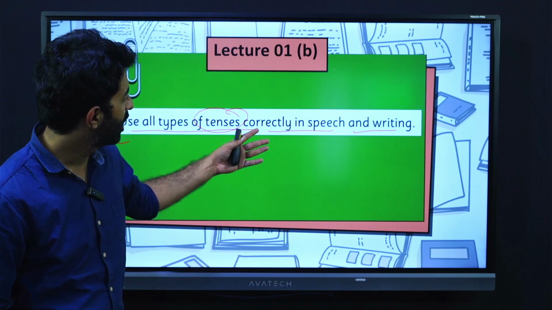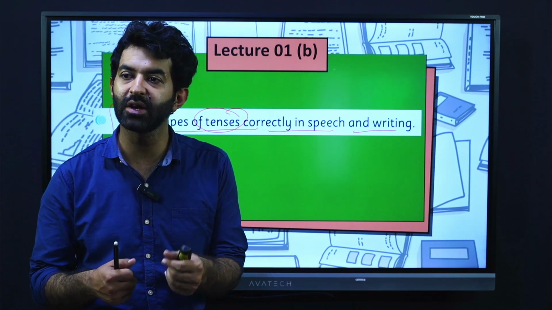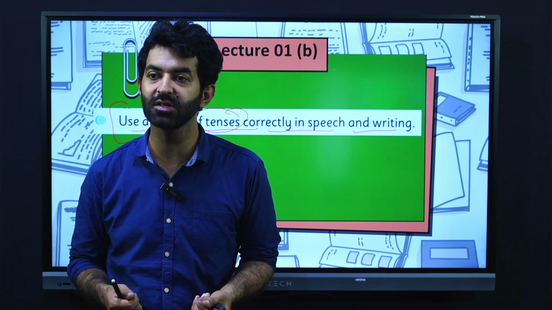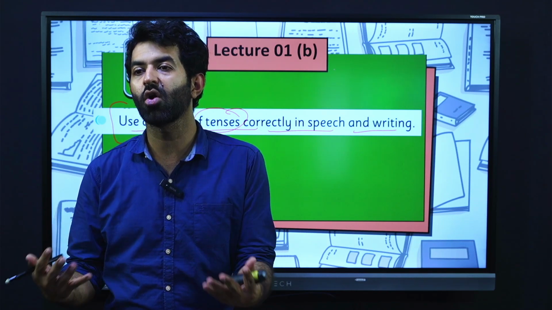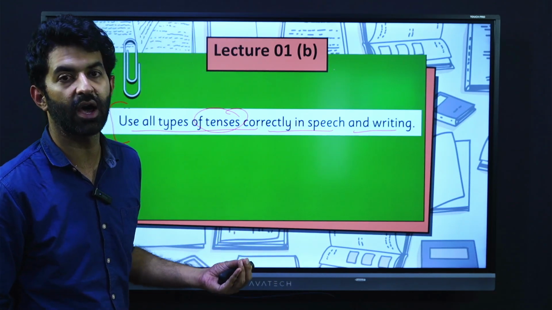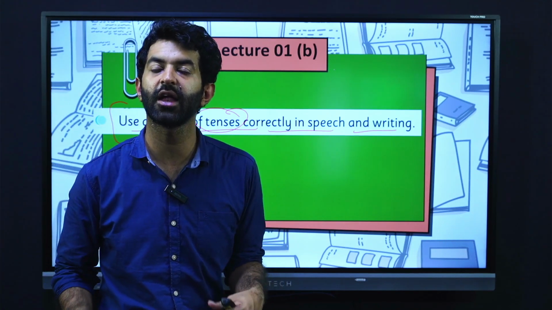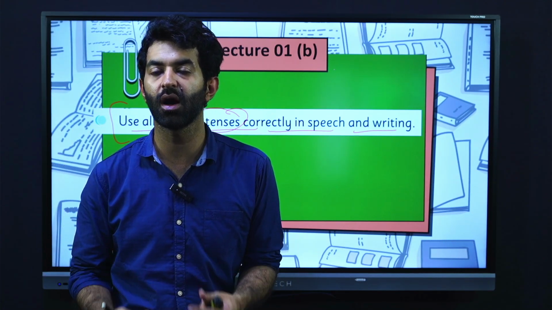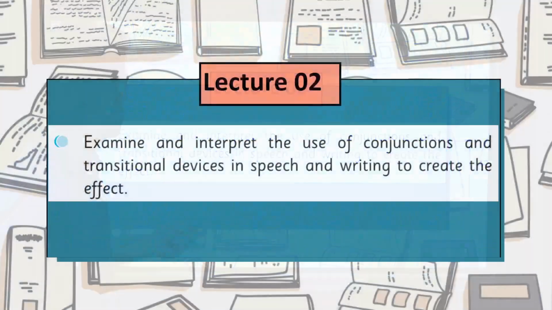So we will also have a short quick test in this lesson, so you have to recall and memorize all of your tenses. आप tenses को अच्छे तरीके से तैयार करके आएंगे for this lecture, and then we will practice it during our lecture.